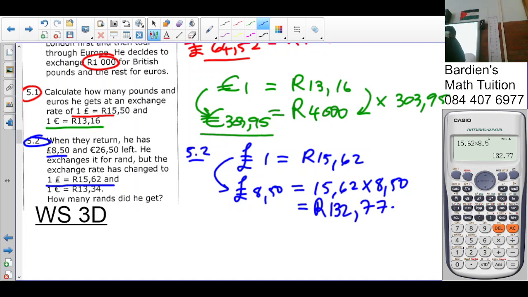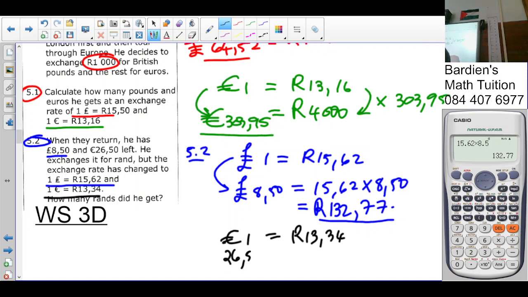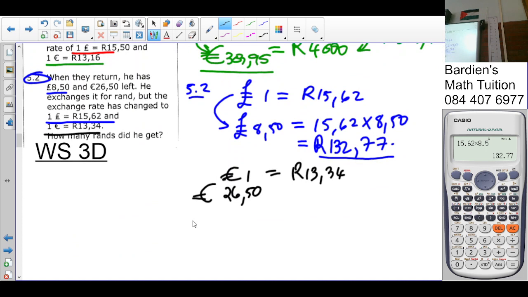So this is the one amount they're looking for. Then €1 is 13 rand and 34 cents. How many euros does he have left? 26.50. So how do I get from 1 to there? You multiply it by 26.50. So 13.34 multiplied by 26.50.